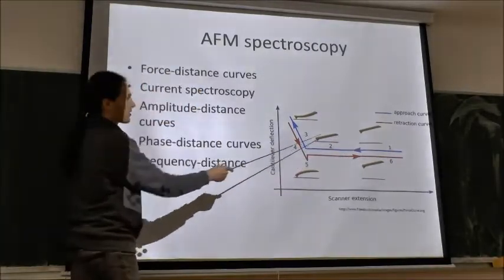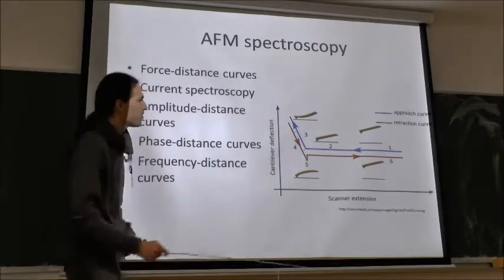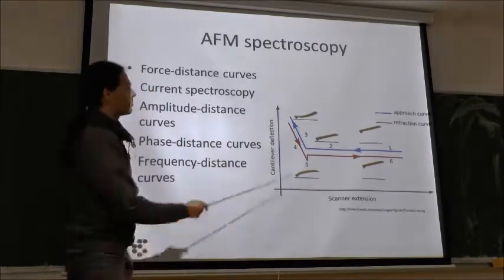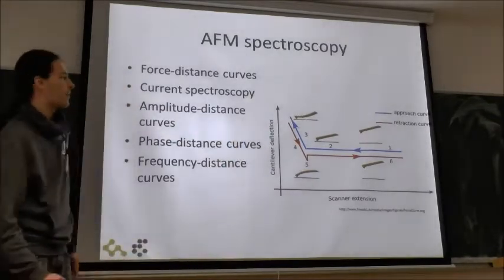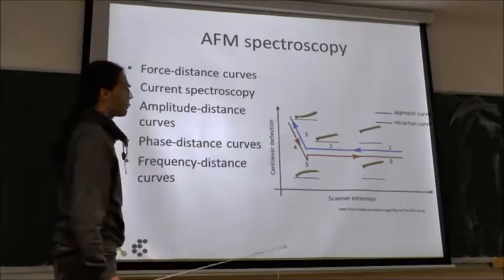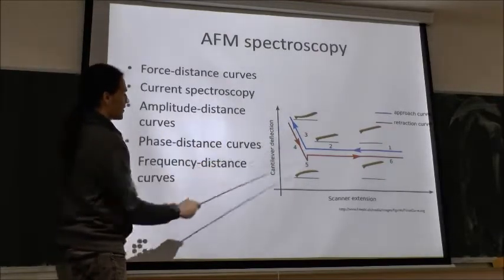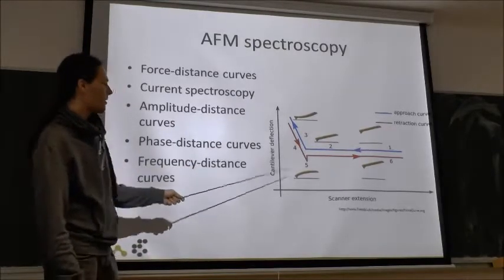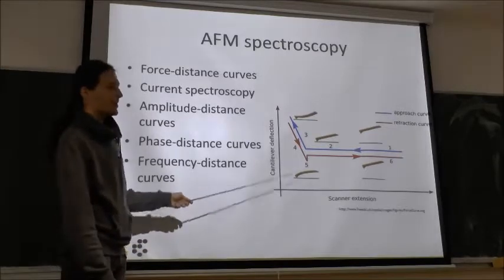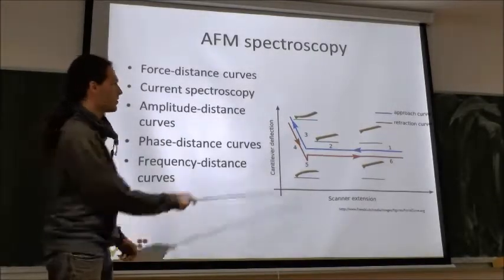Then we bring it closer, and at the point when we touch, so here is this point, we start approaching more, and we see that this cantilever bends. And when we go backwards, we see a similar behavior, but when we come to this point, we sometimes have sticking between the sample and the tip, so we have this jump.